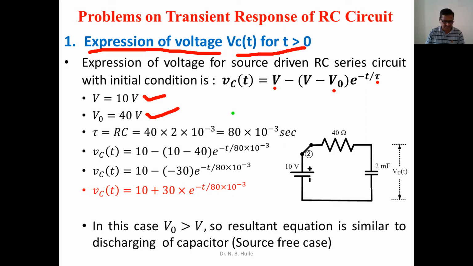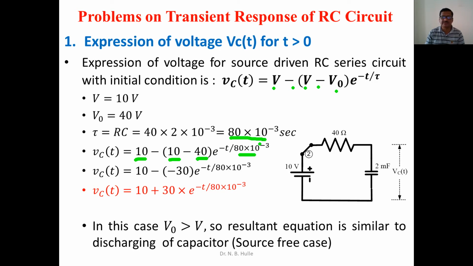Now if we substitute the values, V is 10 volt, minus, V is 10 volt again, minus, V naught is the voltage before switching, which is 40, into e raised to the power of minus t by tau, and tau is 80 into 10 raised to the power of minus 3. If we simplify this expression, we get 10 minus, this subtraction is minus 30. Finally the expression is Vc of t is equal to 10 plus 30 into e raised to the power of minus t by tau, and tau is 80 into 10 raised to the power of minus 3.